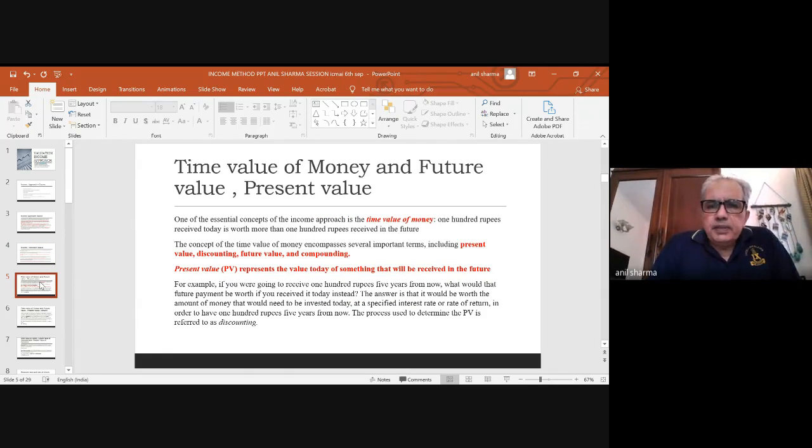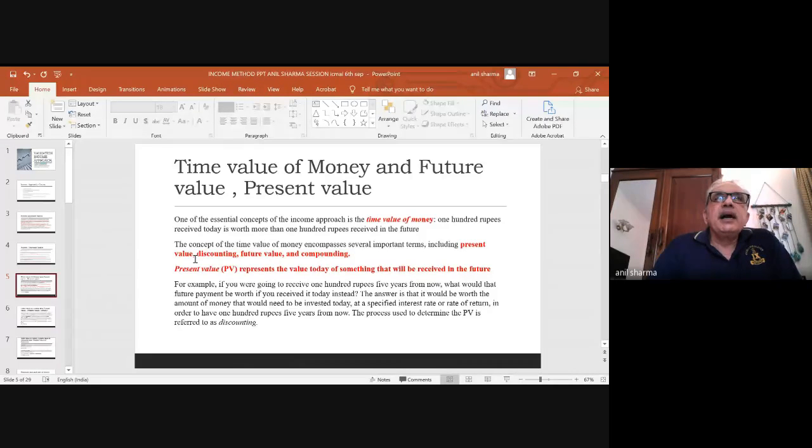So the time value of money, the nomenclature basically comprises present value, future value, and discounting, right?